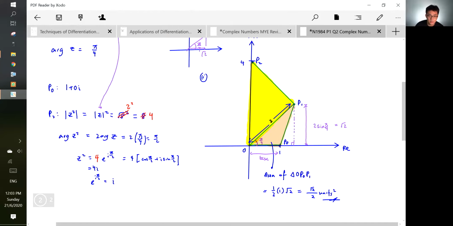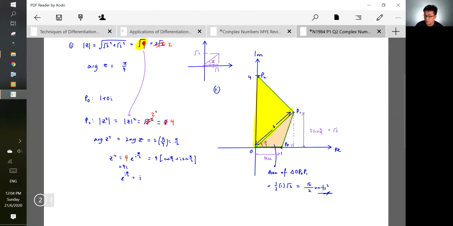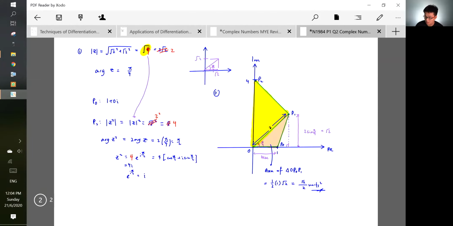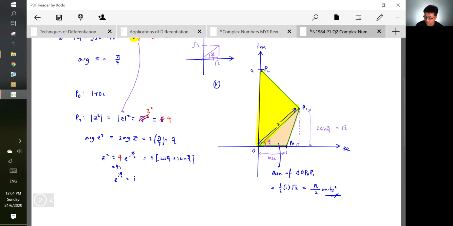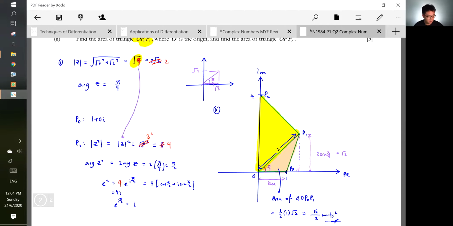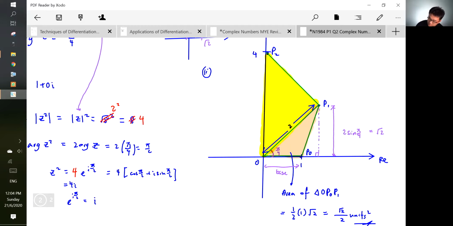I think the subsequent one is also okay. It's basically a geometrical problem, not really difficult. The next one is finding this height here, which is also trigo, so this will be 2 cosine pi over 4.